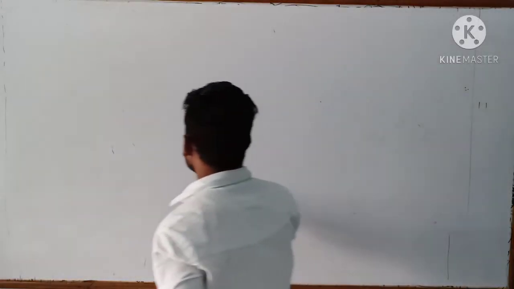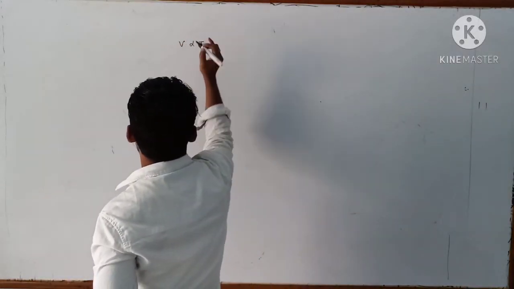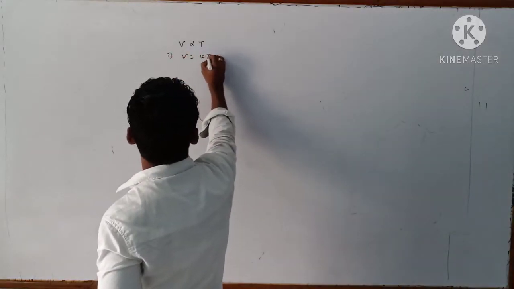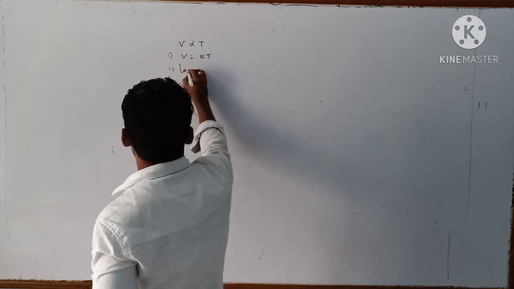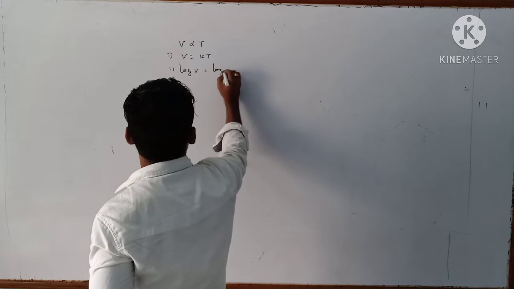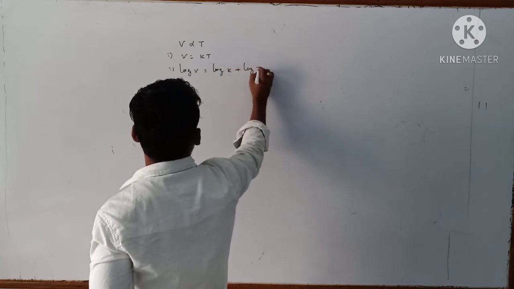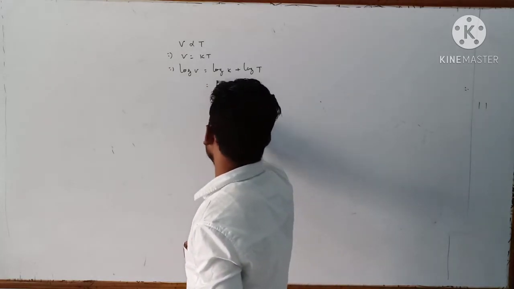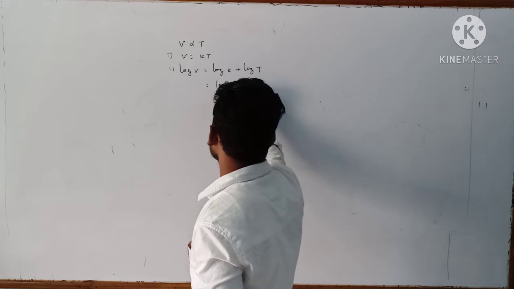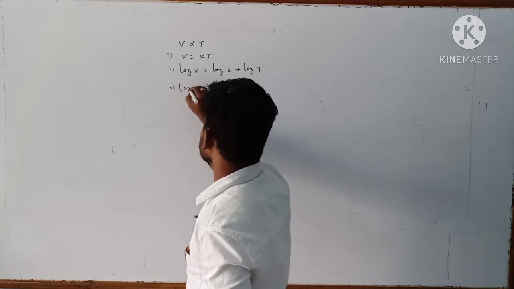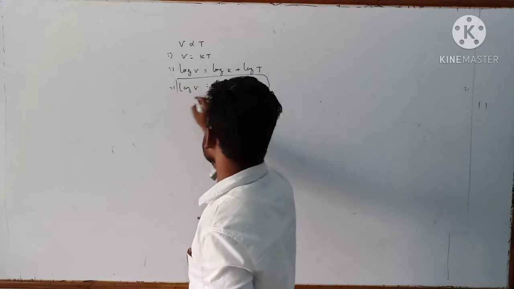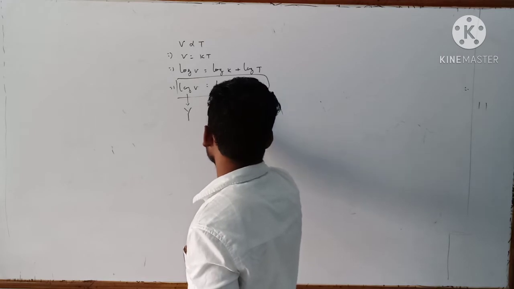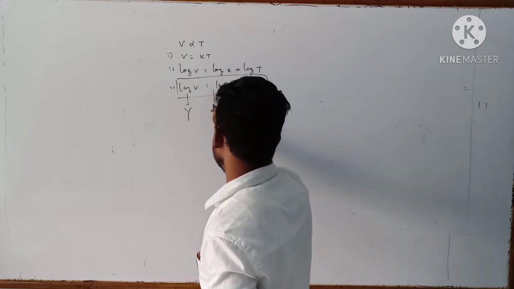So what we have got from Charles law, V is directly proportional to absolute temperature. So I can write over here V is equal to KT. If I consider logarithm, log V is equal to log K plus log T. So in this equation, if I consider this log V as Y, and here definitely nothing is there, so slope will be 1.